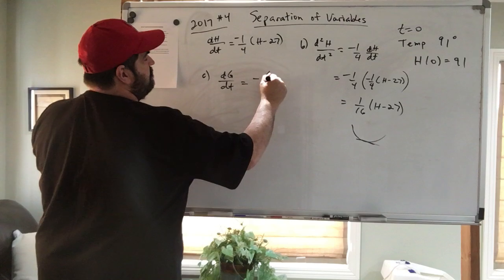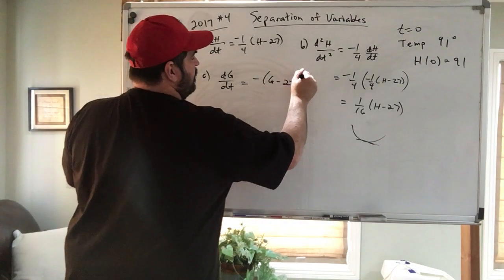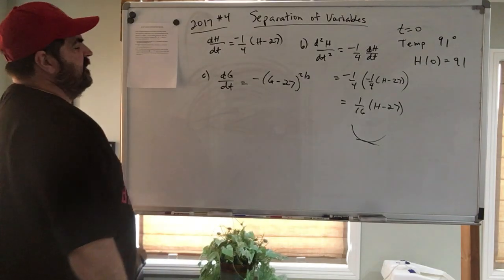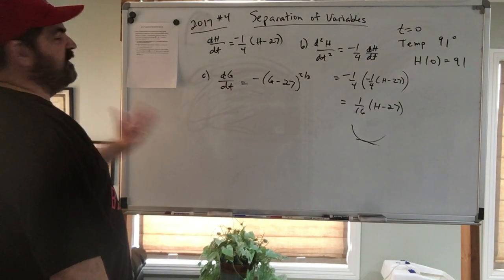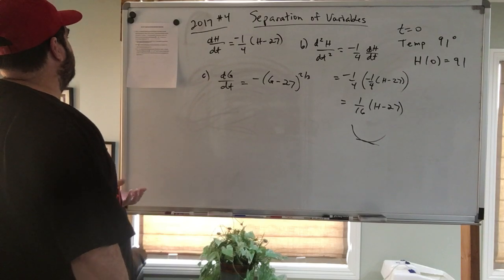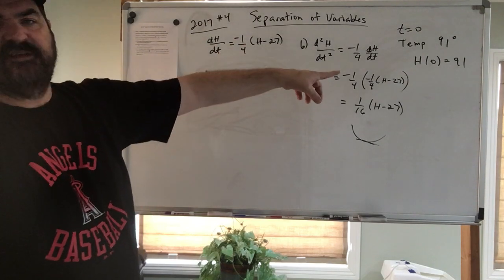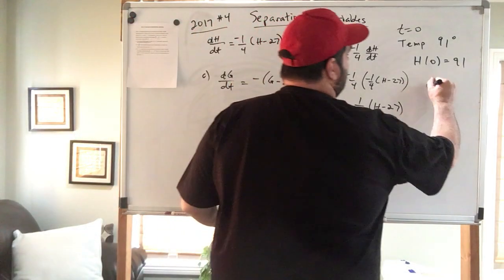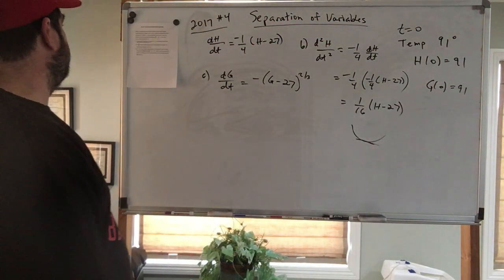I'm fine with that. Looks like 2/3. So they give us this equation for G now, okay? And it says where G is measured in degrees Celsius again, and G of 0 is 91, so it's pretty much the same problem. They just changed the problem. They give us the same information where they're saying G of 0 is also 91. Okay, so different equation for some reason.